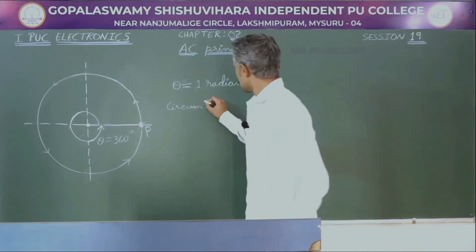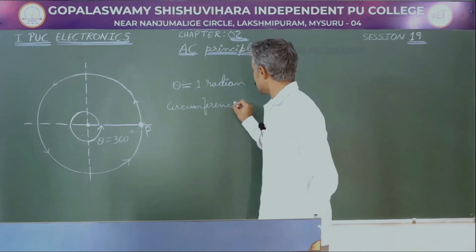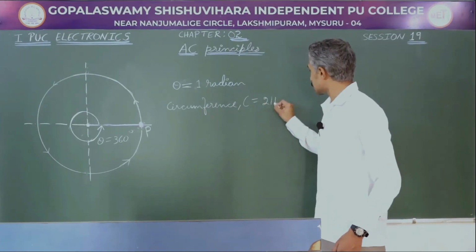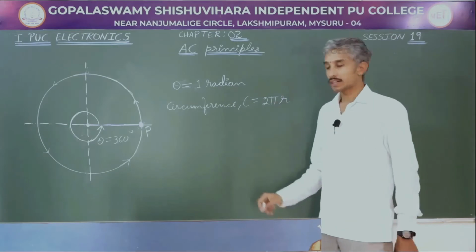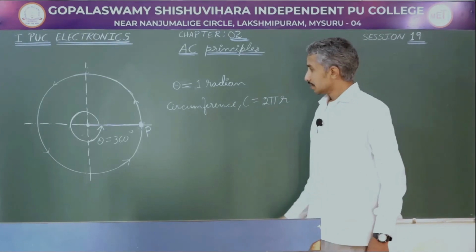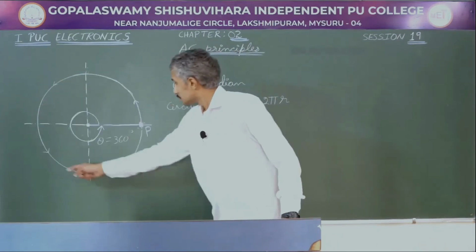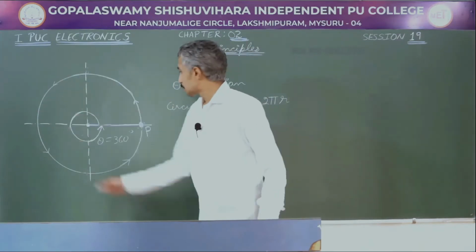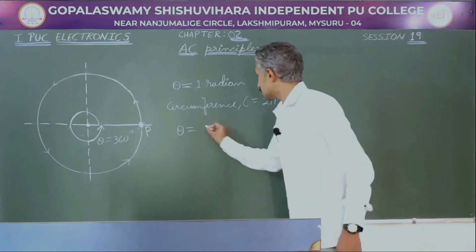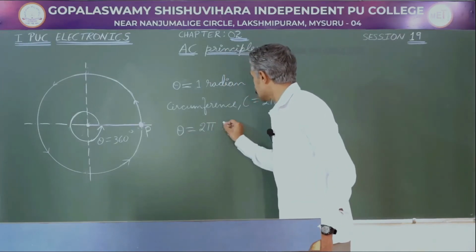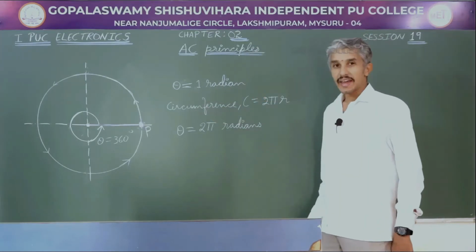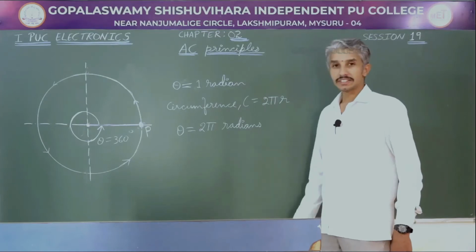We know the circumference of the circle is given by 2 pi into r, where r is the radius of the circular motion. So, if the object has covered one complete circle, then in terms of radians, it is going to be equal to 2 pi radians. So, the object has covered an angle of 2 pi radians.